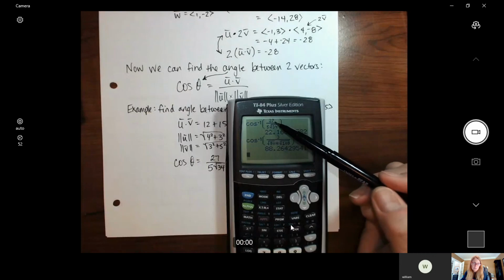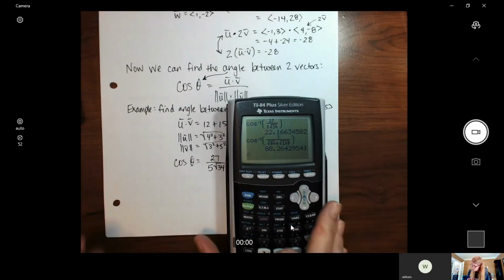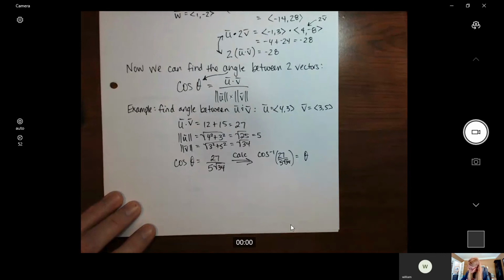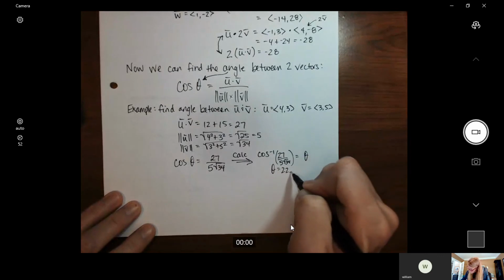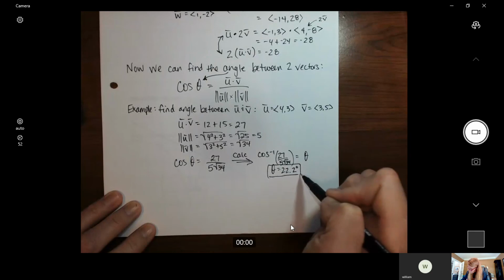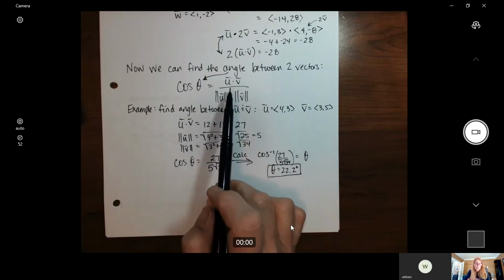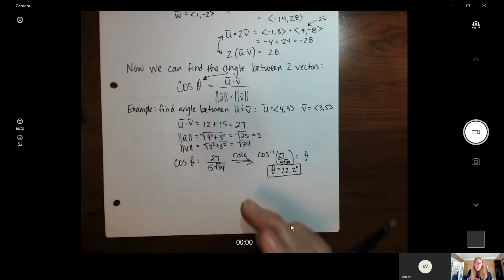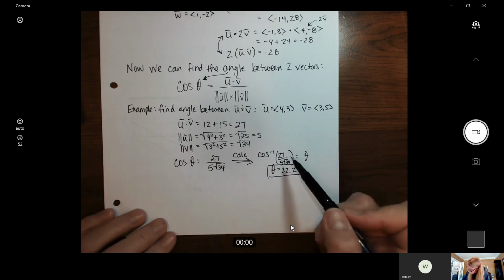So cosine inverse of 27 over 5 times the square root of 34 gives me 22.2 degrees. So theta is 22.2 degrees. So if we took these two vectors and we put their tails together, the angle between them would be 22.2 degrees.